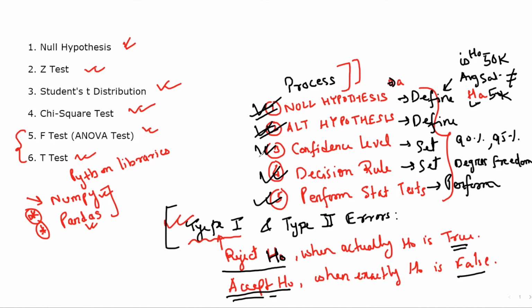We have to define a null hypothesis, we have to define an alternate hypothesis, we need to know the confidence level, how confident we are, or we also call it the significance level, or margin of error, right? And then we set our decision rules, and then we perform our statistics.